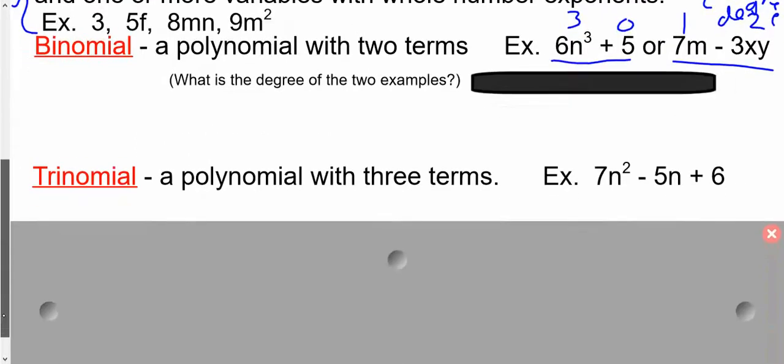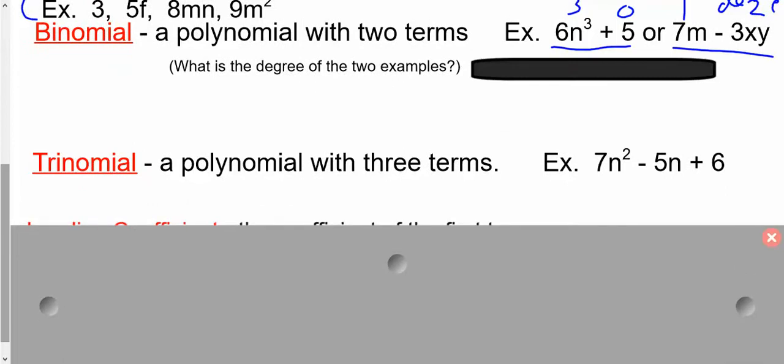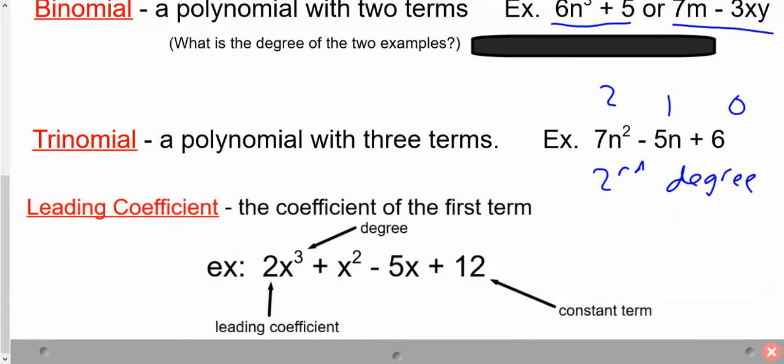And then we get down to trinomials. Tri meaning 3, it's a polynomial with 3 terms. And again, the degree: this is 2, this one's 1, and this one's 0. So this is a second degree polynomial, or second degree trinomial. And the leading coefficient is the coefficient of the first term. It has to go in descending order.